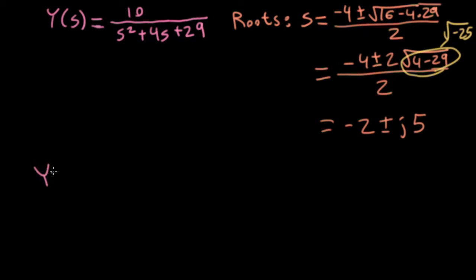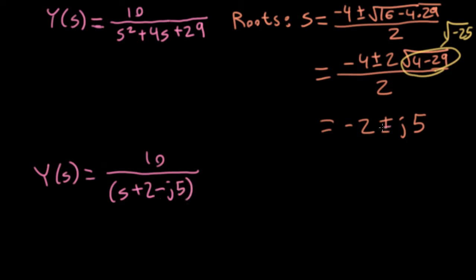All right, so now we can write out the factors. We have s plus 2 minus j5, and I'm putting a minus here because I like to put the root with the positive imaginary part first when writing out these factors. It technically doesn't matter, but you'll see why I like to do that in a little bit.